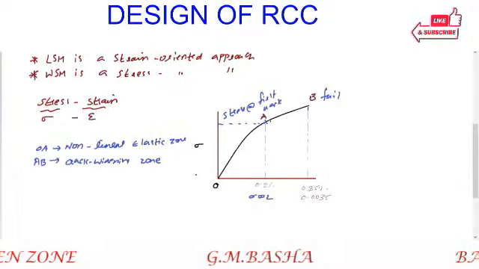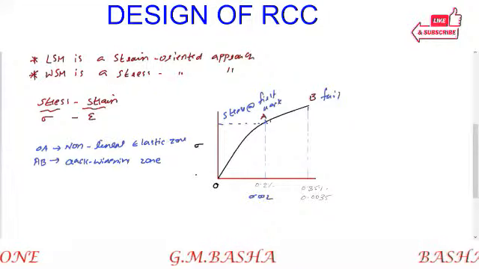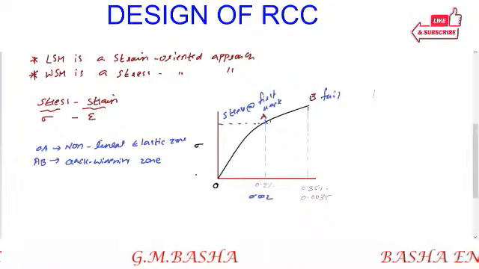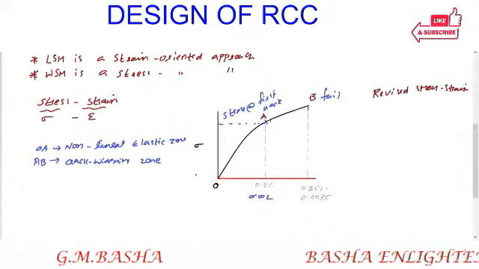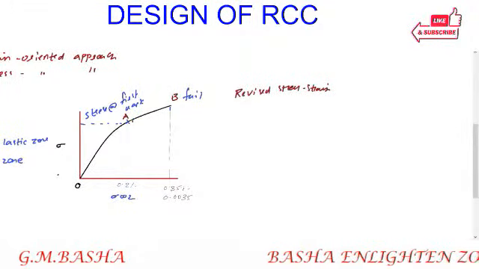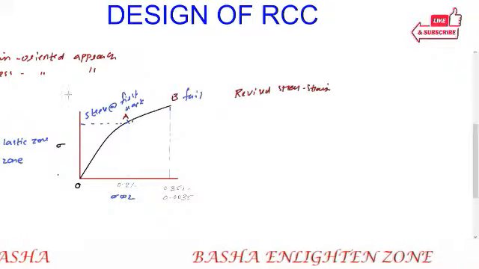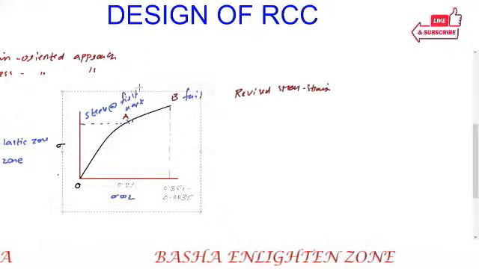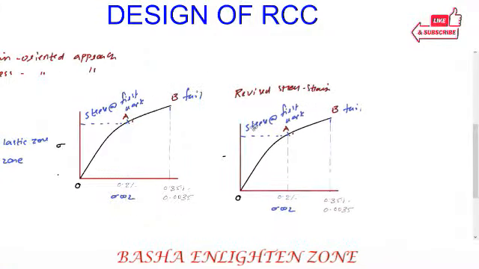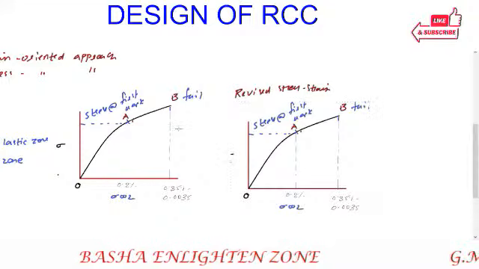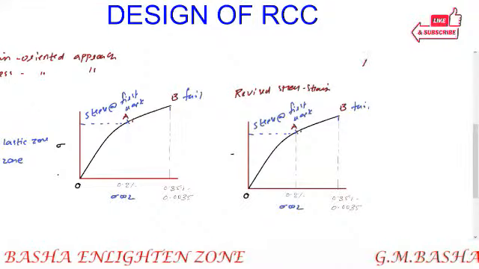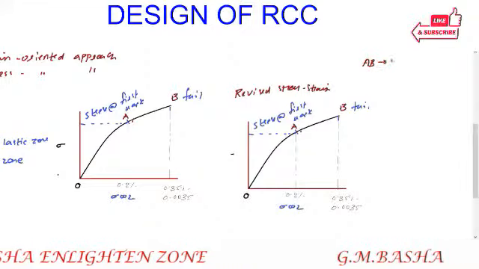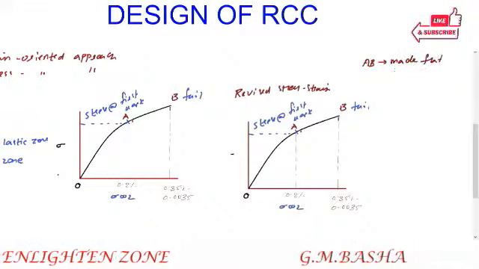So this is the original stress strain curve, and coming to the revised stress strain curve, what happens is this crack widening zone, this AB zone, is made flat and treated as the plastic zone.